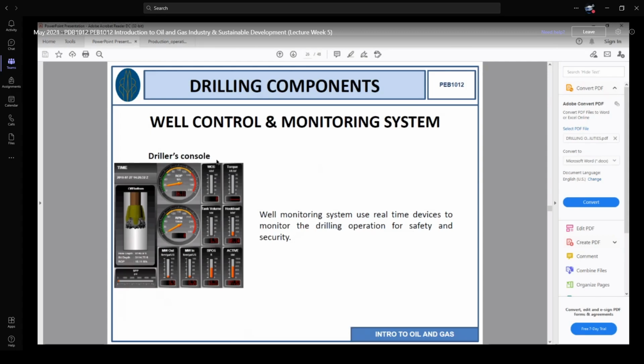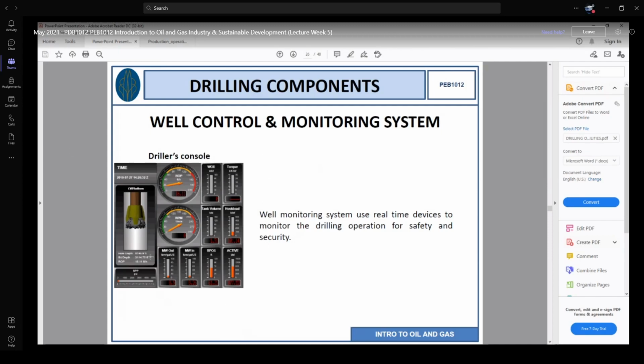The progress in terms of what is the ROP, how much fluid, what is the RPM, what is the mud weight we are pumping in, what is the mud weight coming out, what is the BOP pressure, how many barrels are pumped in, and how many barrels are coming out, and what is the weight on bit, torque, everything.